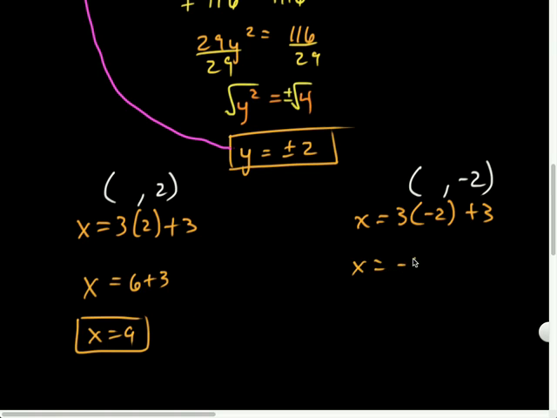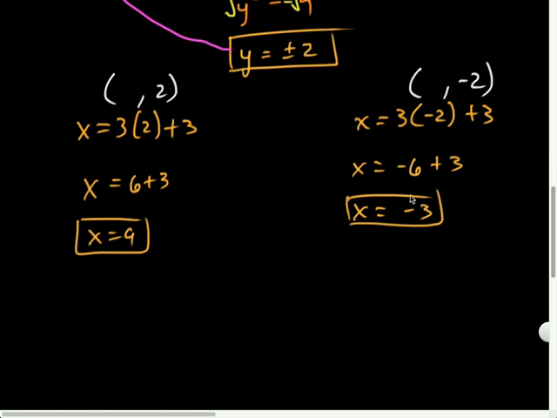Over here I'll have x equals negative 6 plus 3, and x equals negative 3. And that is specifically when y was negative 2. So my solutions are 9 comma 2 and negative 3 comma negative 2.